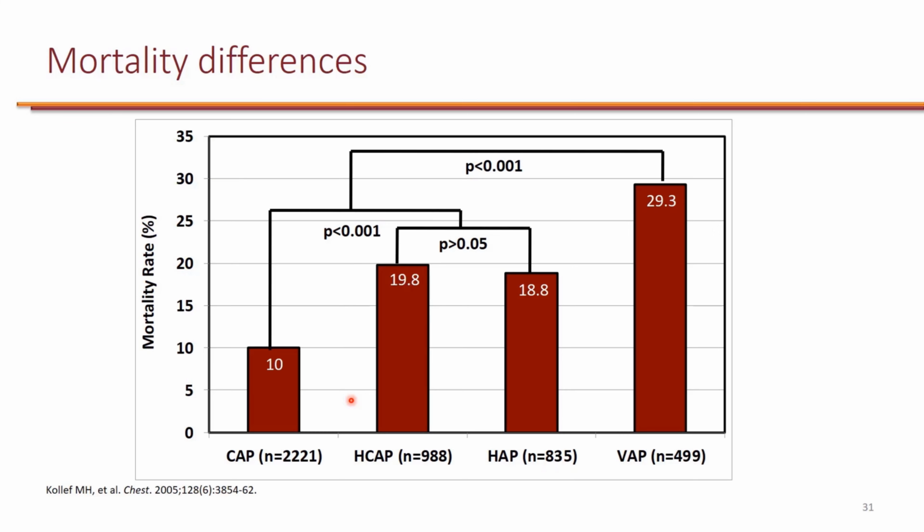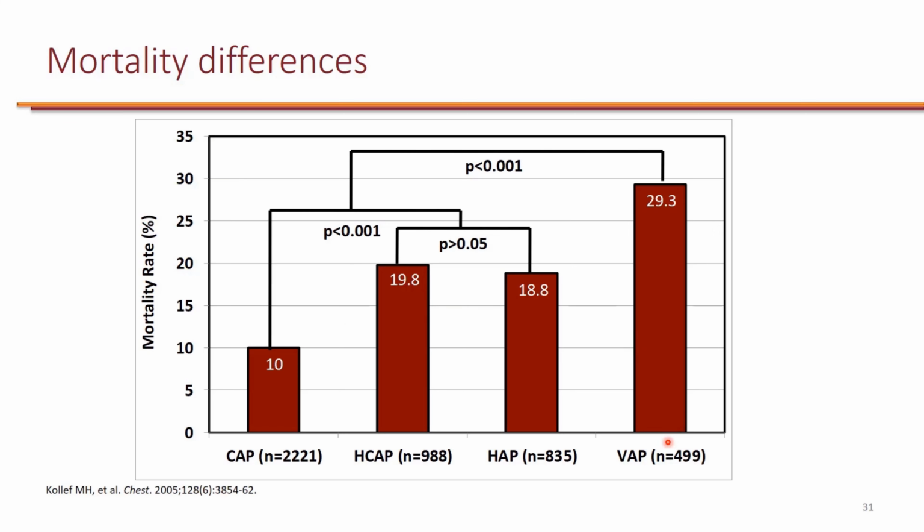Now, keep in mind that the severity of illness is different in different types of pneumonia. So here on the y-axis, you can see the mortality rate. So in community-acquired pneumonia, the mortality rate in this study was about 10%, which was significantly lower than a mortality rate in nosocomial pneumonia.